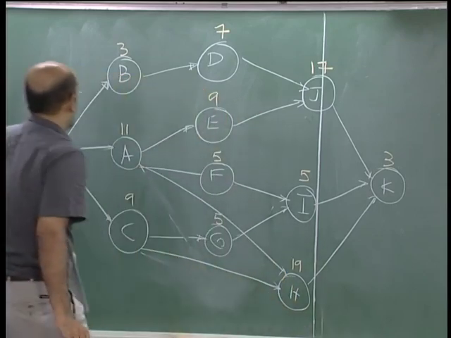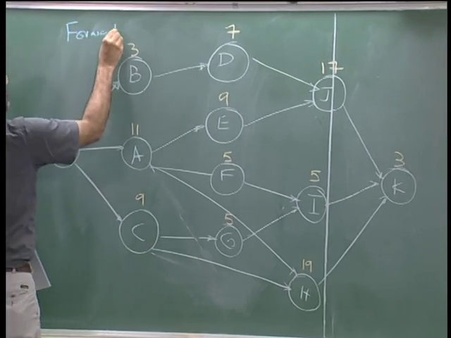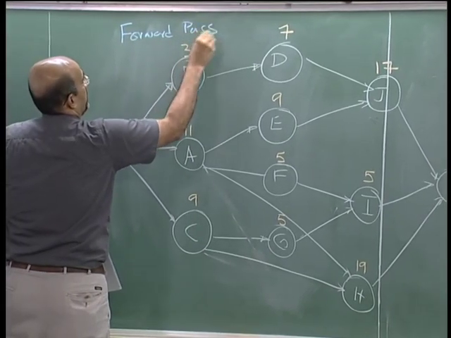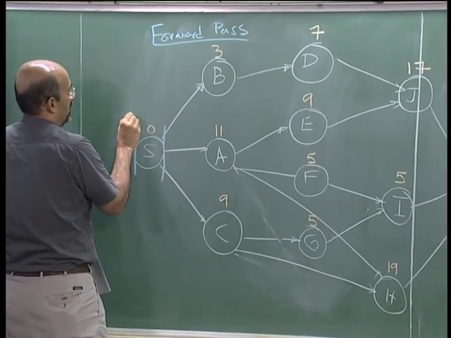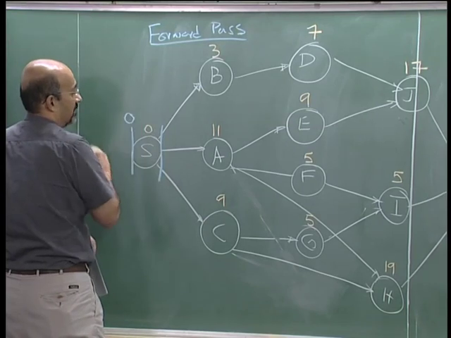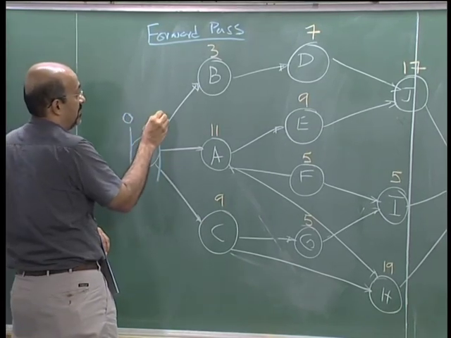Okay, so what is our first task? The forward pass. We are familiar with the terminology. This is calculating the early start and early finish, with 0 as the early start.